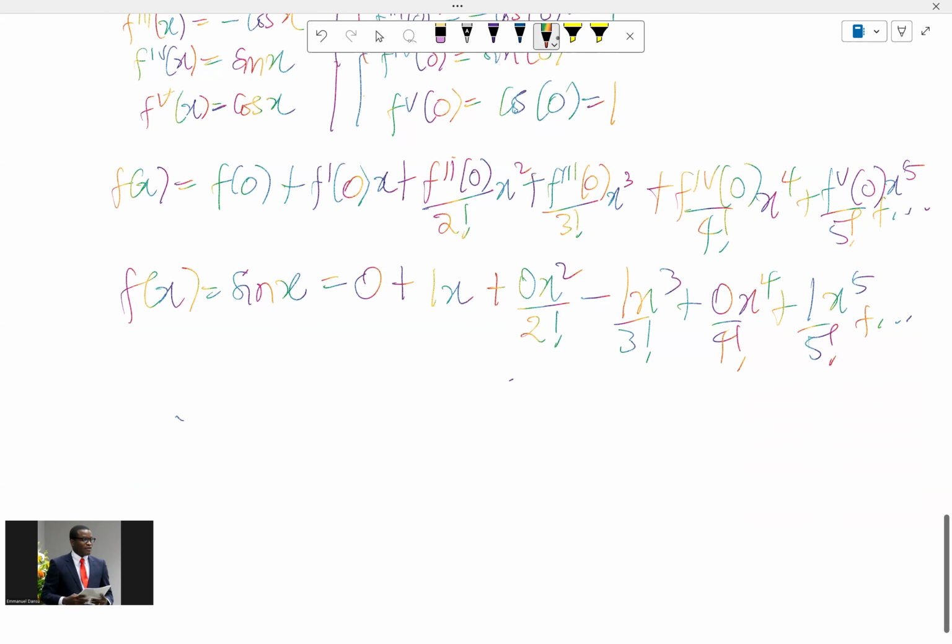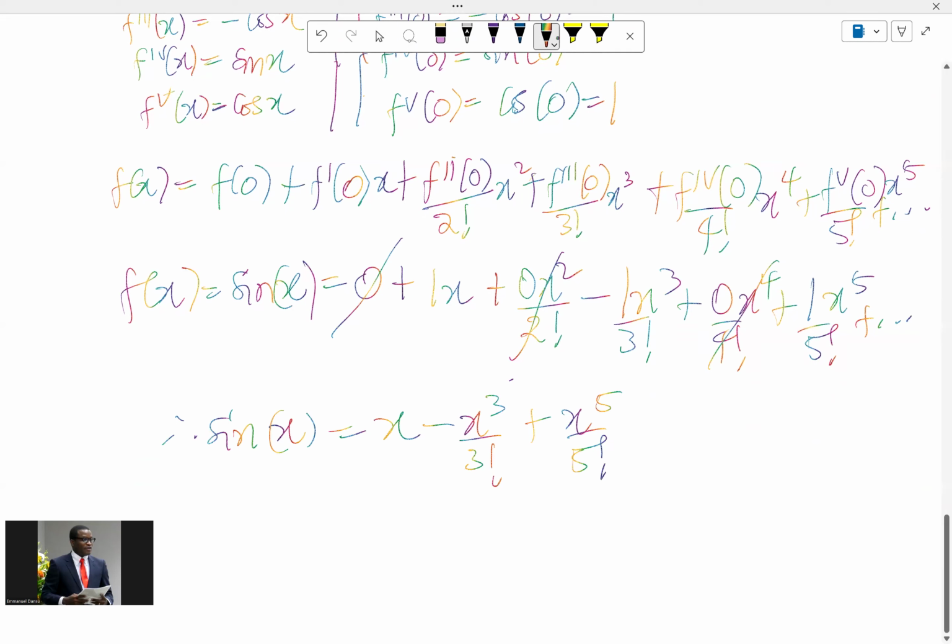So you can say therefore sine x is equal to 1x, which is x. All the zeros are gone. The next one is minus x cubed over 3 factorial, then plus x to the 5 over 5 factorial.